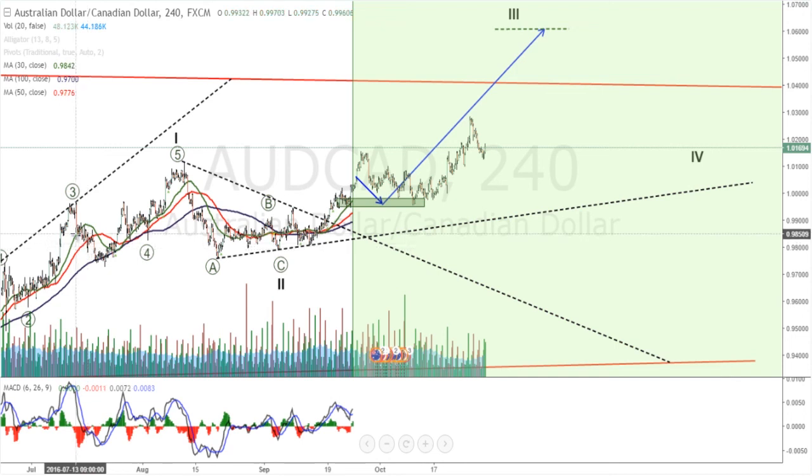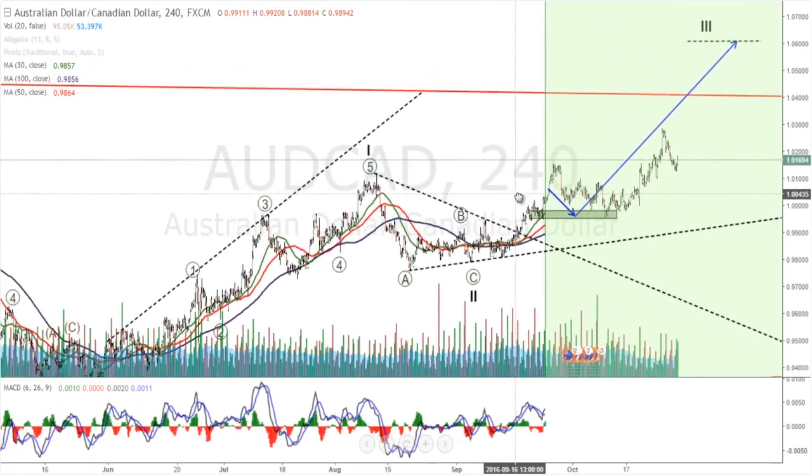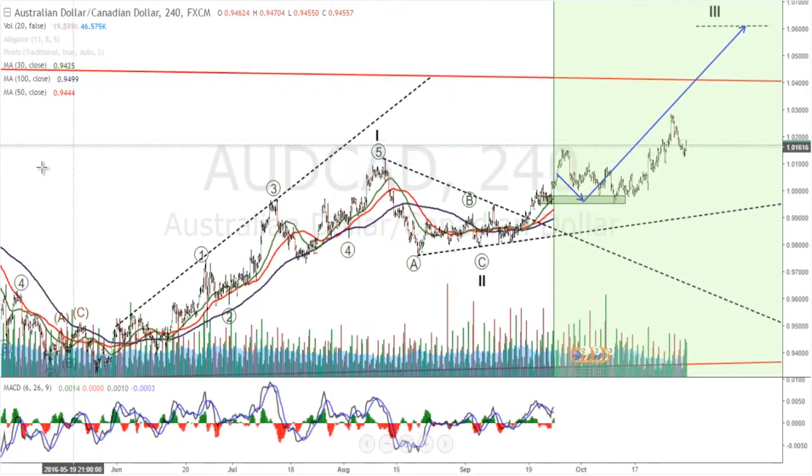So I try to keep them simple and open for you guys to use your own strategies with them. Just don't look at these charts and follow them blindly. I think everybody needs to have their own strategy. These are only setups.